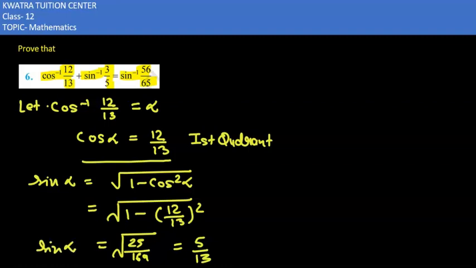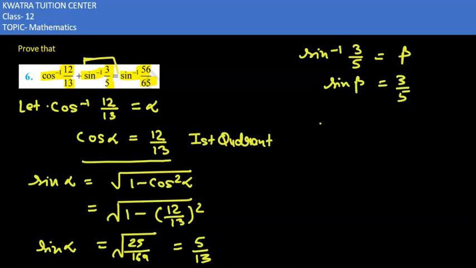And similarly, we will find our next term. So let's suppose here sin inverse 3 by 5 is equal to beta. So our value for sin beta will become 3 by 5, and now cos beta will be equal to square root 1 minus sin square beta.